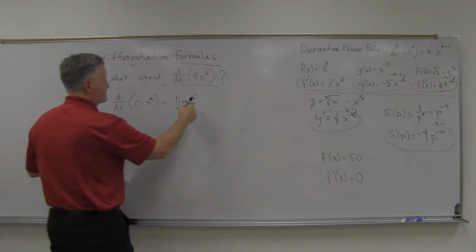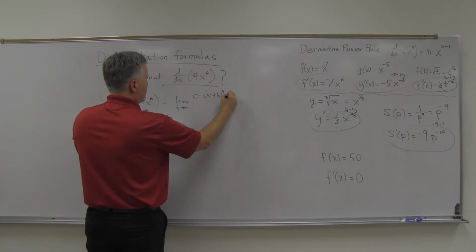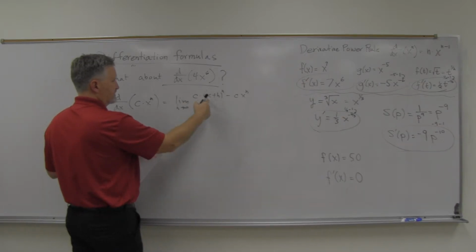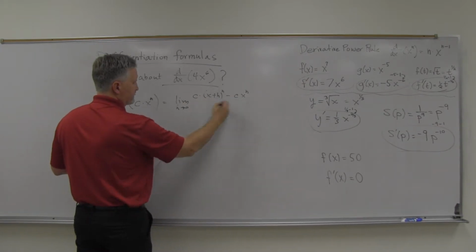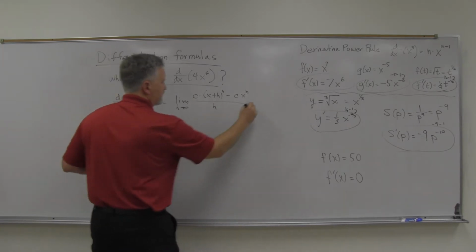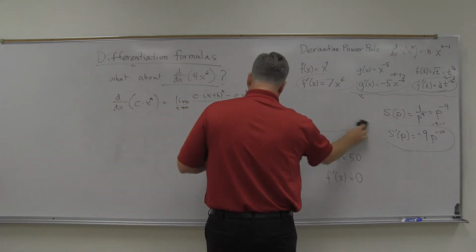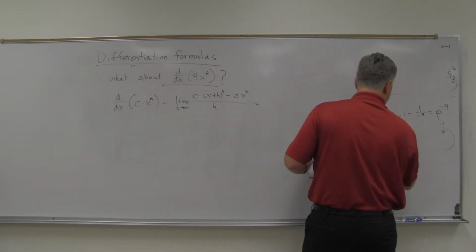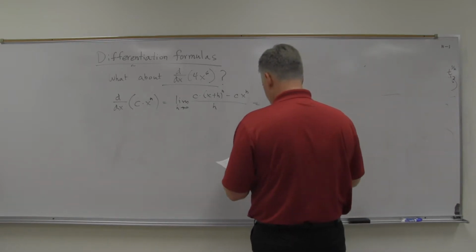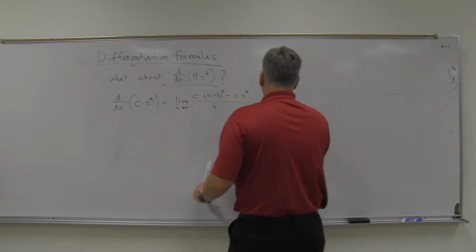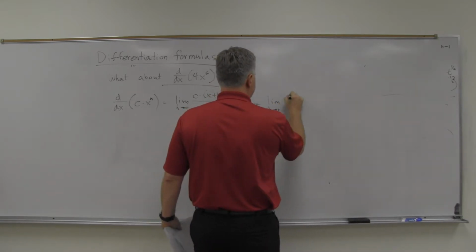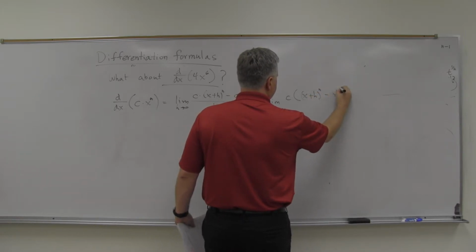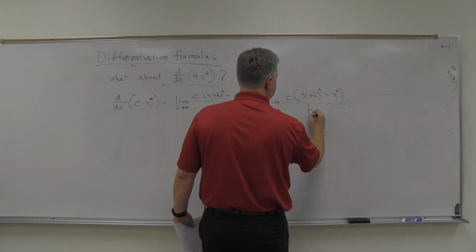If I do my limit definition, I have (x plus h) to the nth minus c times x to the nth, because that's my f of x. So f of x plus h would be (x plus h) to the nth, and f of x is c x to the nth, over h. Factor out the c: the limit as h approaches 0, c times (x plus h) to the nth minus x to the nth over h.